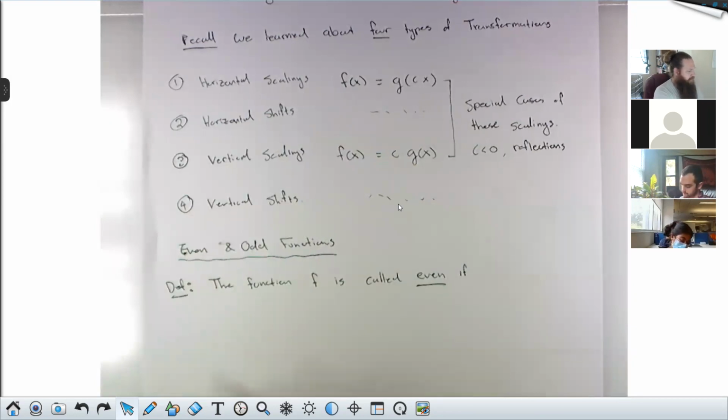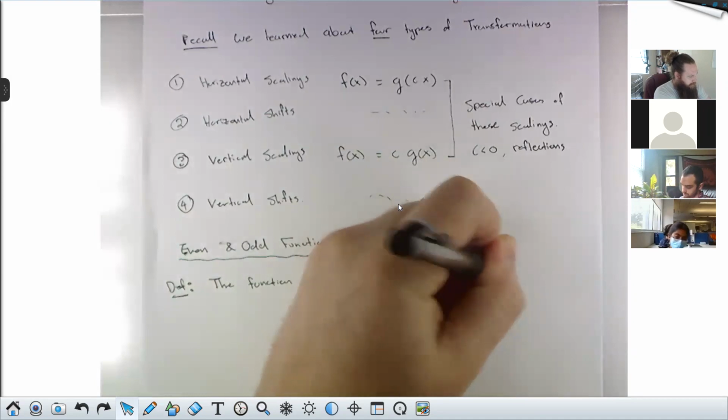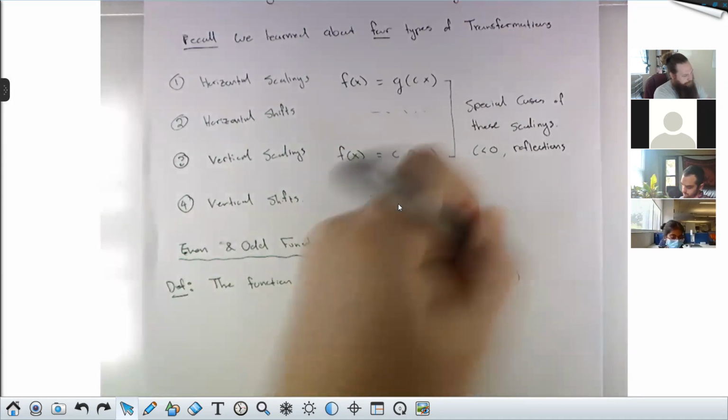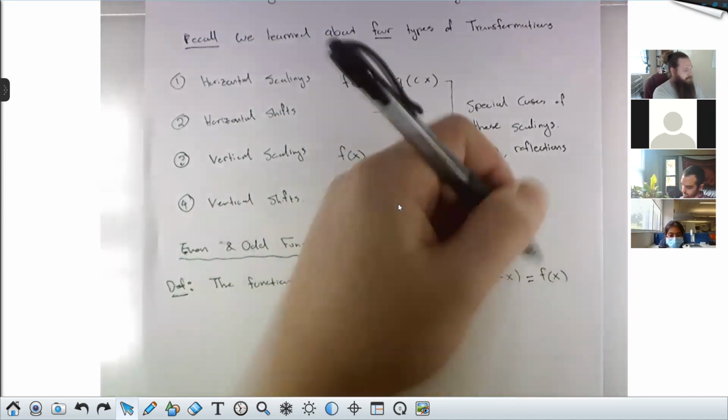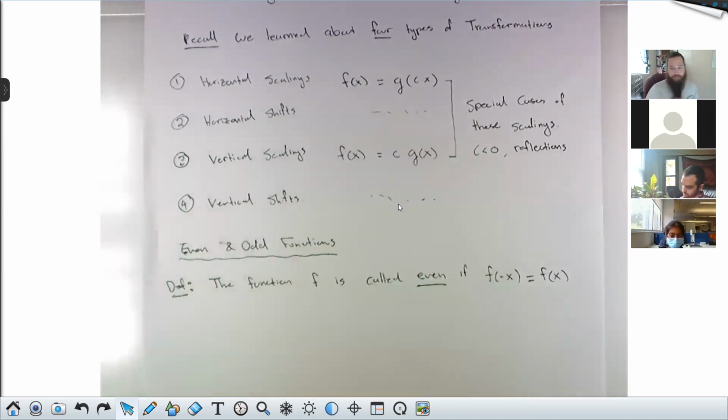Algebra definition first. So a function f is called even if f of -x is the same as f of x. And if you think about what this is saying, this says when you multiply on the inside by a -1, in other words, when you scale the graph horizontally by a factor of -1, it doesn't change.